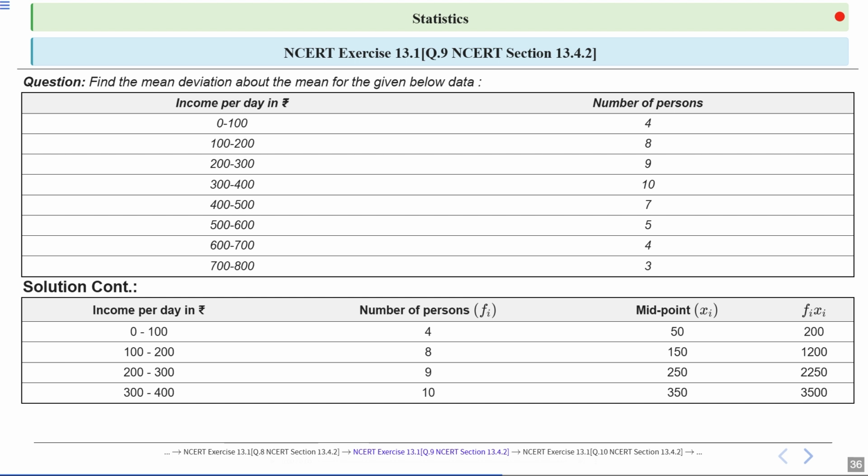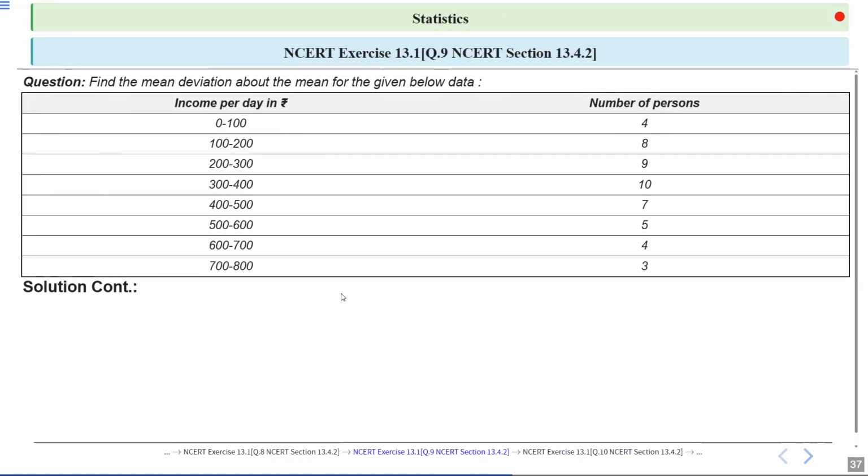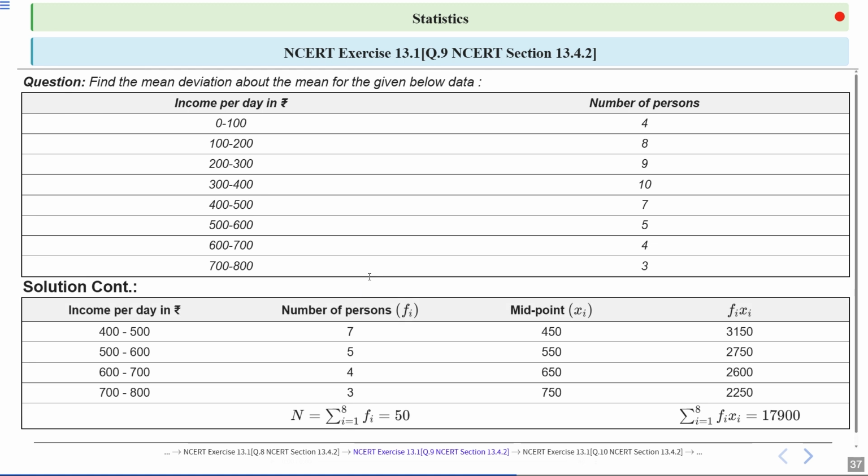So the mean is basically the sum of fi xi divided by the sum of fi. So let's pay attention to how each value is calculated. Okay, so look here, the total number of persons is basically f1 plus f2 plus dot dot dot plus f8.